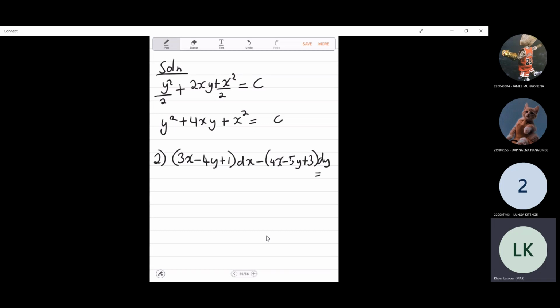This is equal to 0. First, you need to identify your p and q. So my p is 3x minus 4y plus 1.